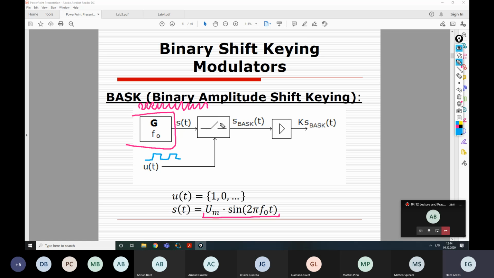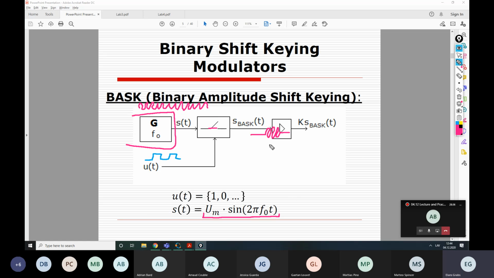If this switch is open, then this generator cannot send its signal to the output, and therefore we get 0 level at the output. When data is 1, the switch is closed, and the generator signal can pass through that switch until this switch is again open, right?